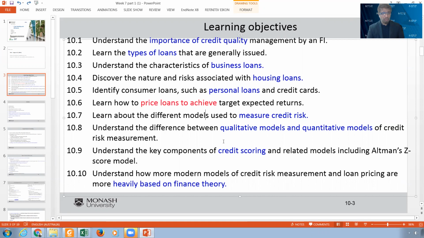When we measure it, we can put some type of benchmark, and with that benchmark we will see whether we can accept or select the customer, which is the business firm, or not. We will also divide this measurement into qualitative models and quantitative models. We will understand a little bit about credit scoring.